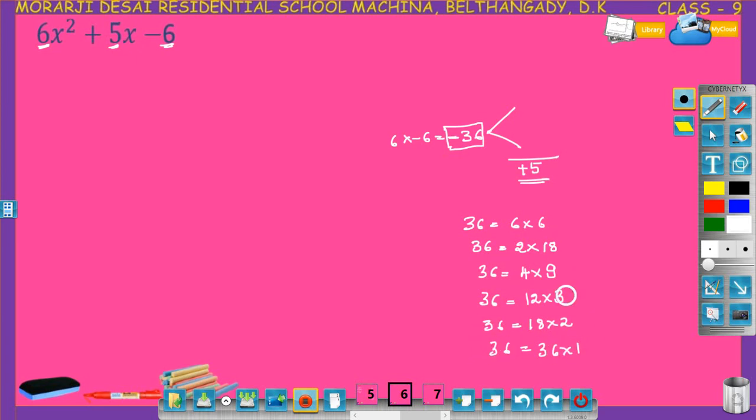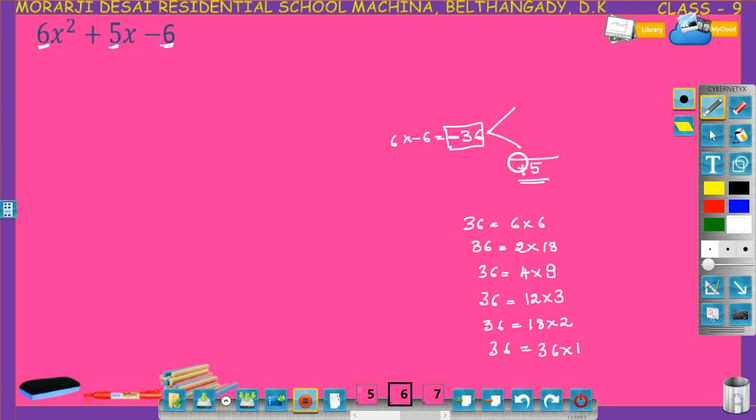Now in these many sets we have to find a set of two numbers such that their product is 36. Here the product is 36 and their difference is 5, because here it is minus 36, so the numbers will have opposite signs. While finding the sum of numbers having opposite signs, we have to subtract.